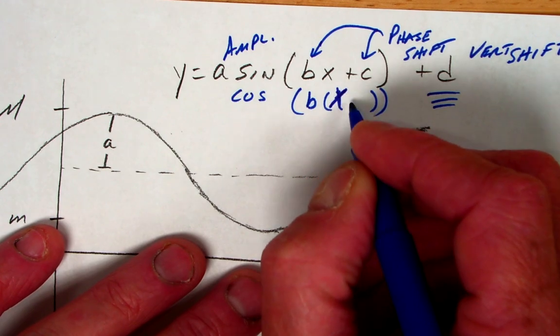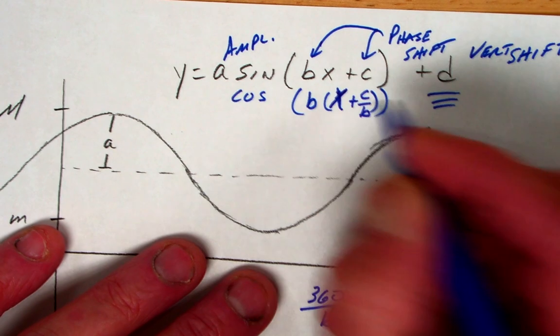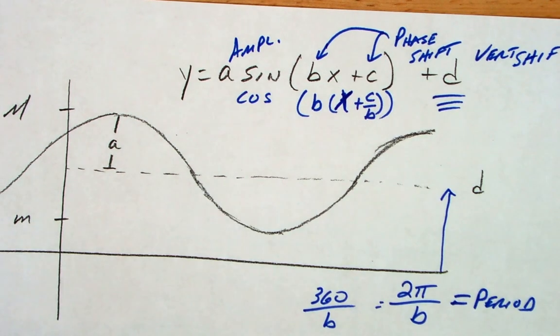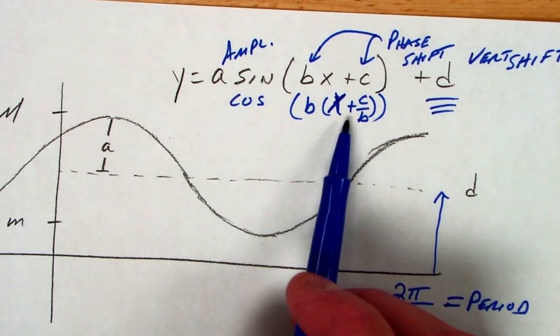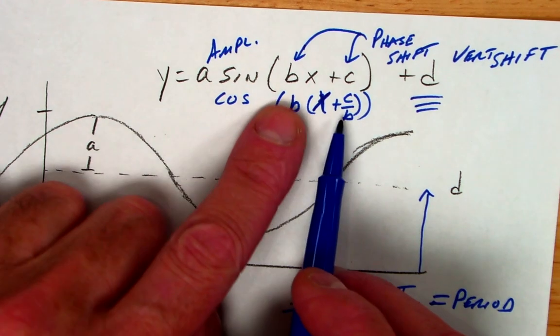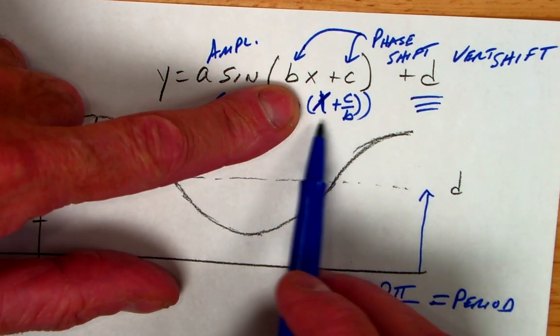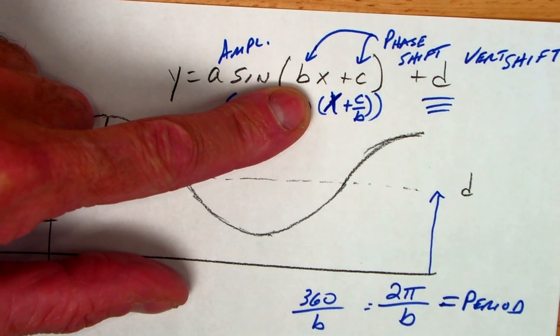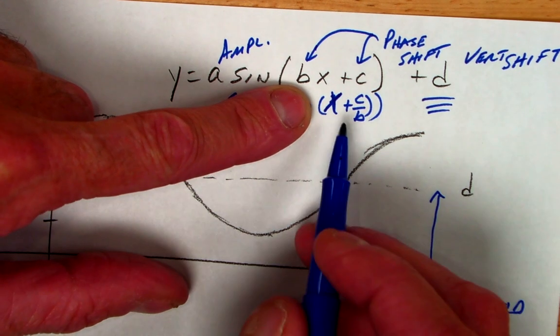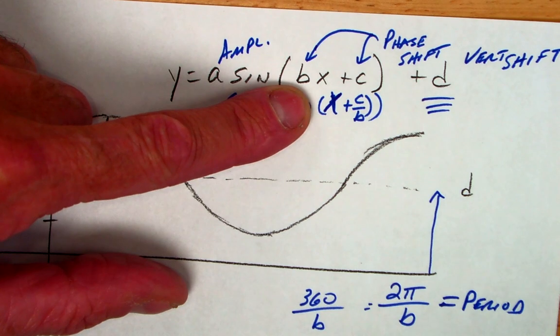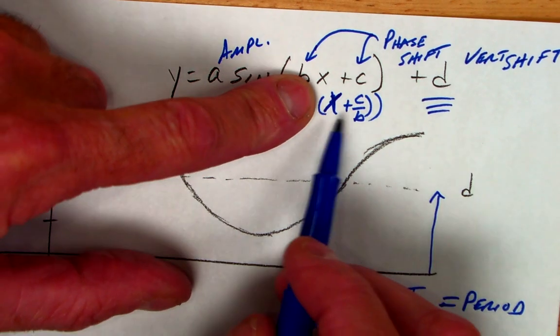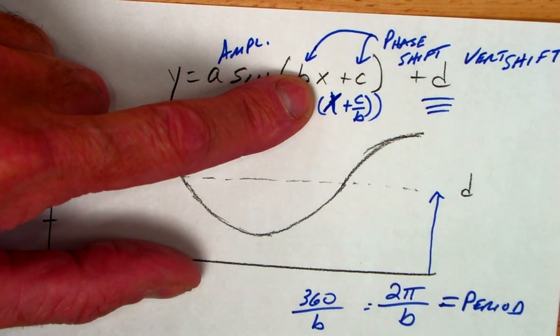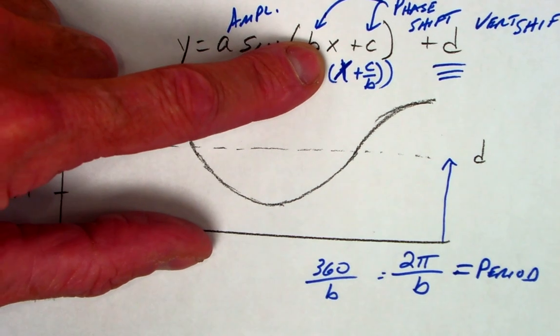X plus C over B. What could I plug into this inner parenthesis to get 0? What plus C over B gives me 0?